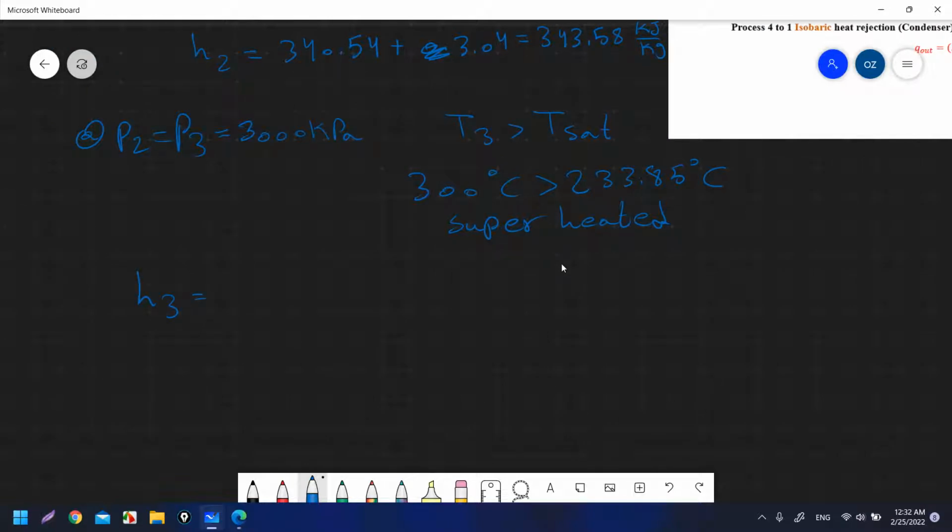H3 from table A6 is equal to 2994.3 kilojoule per kilogram. And S3 is equal to 6.5412 kilojoule per kilogram kelvin, and this one will equal S4, right?